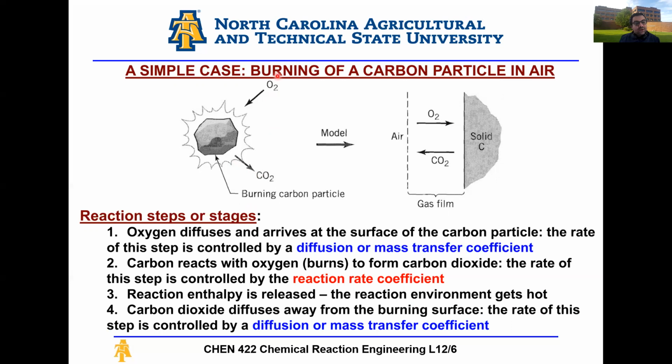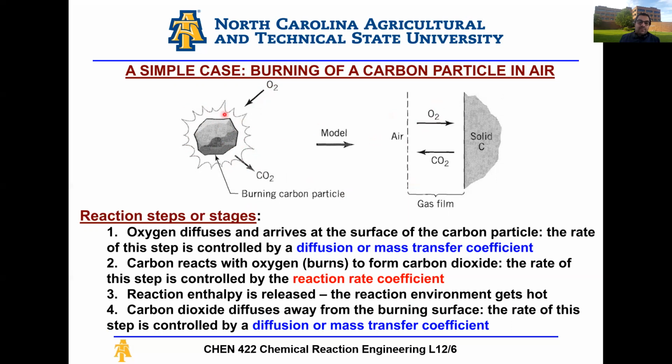Okay, so I have 2 mass transfer controlled steps and 1 reaction rate controlled step. The first mass transfer controlled step is oxygen finding its way to the surface of the particle, and the second mass transfer controlled step is the product CO2 finding its way from the surface of the particle back to the continuum.